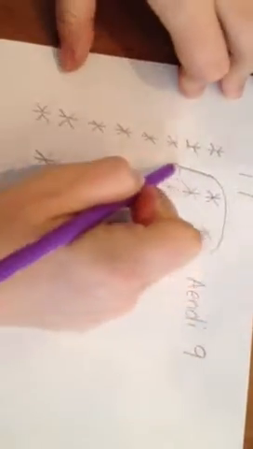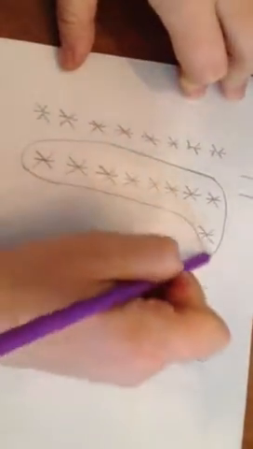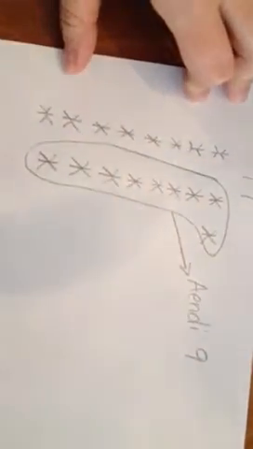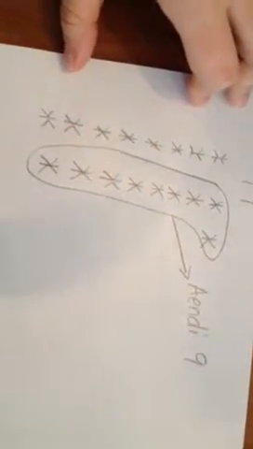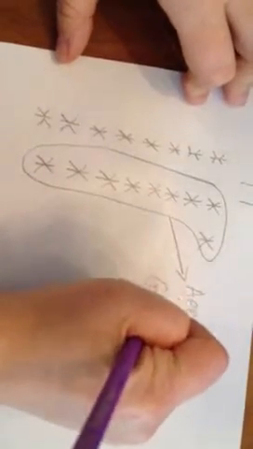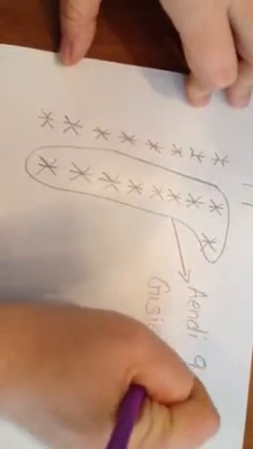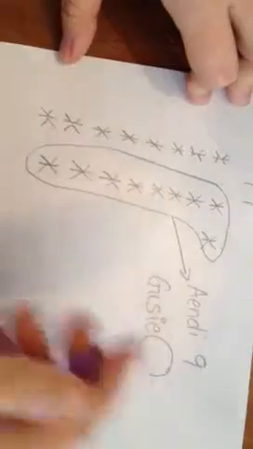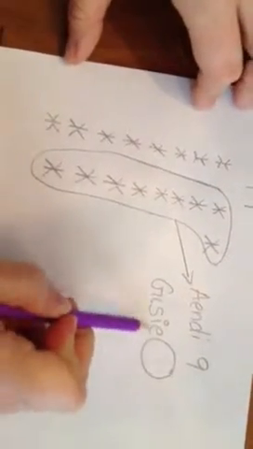That's 9 crickets. So these are all Andy's crickets. I need to figure out how many crickets Goosey caught.